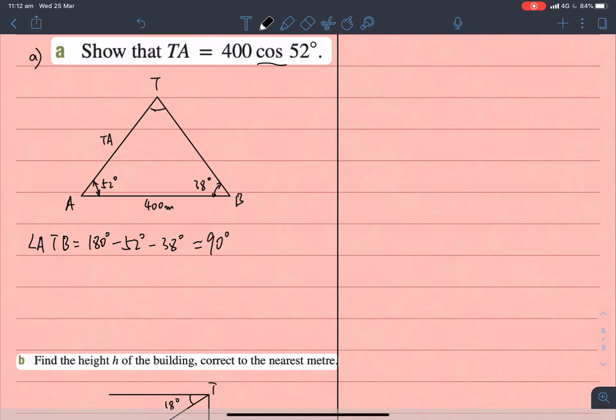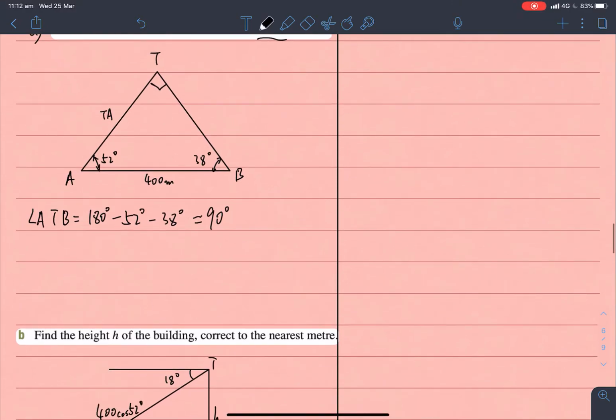So this is a right-angled triangle, and we can use SOHCAHTOA. Cos is adjacent over hypotenuse.